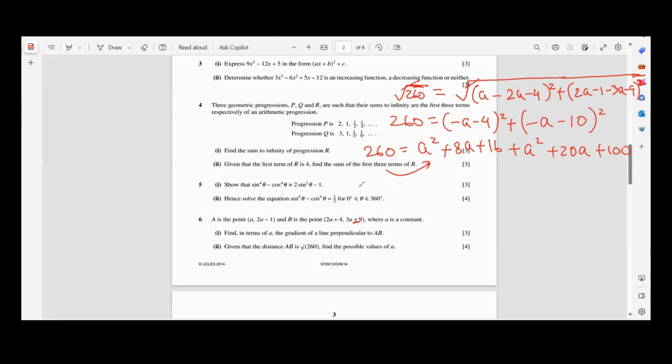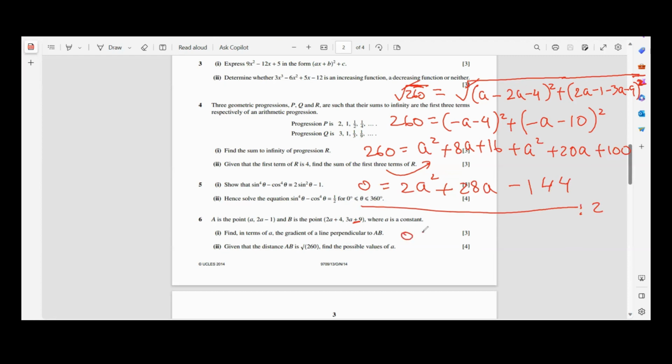So I will get 0 equals a squared plus a squared, which is 2a squared, 8a plus 20a, so plus 28a, 16 plus 100 and then minus 260, so minus 144. And then we can simplify everything by dividing by 2.